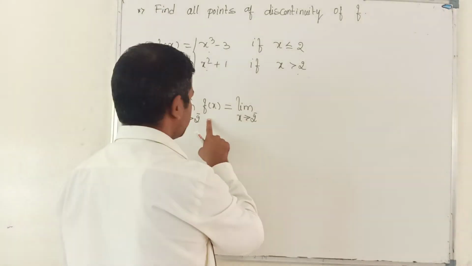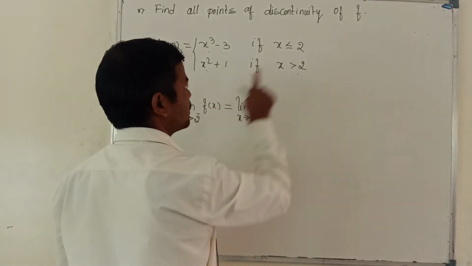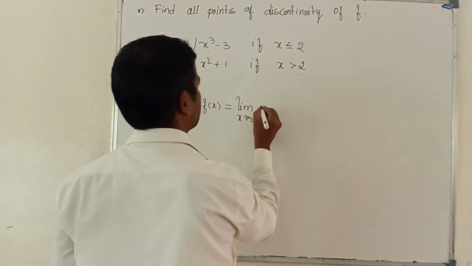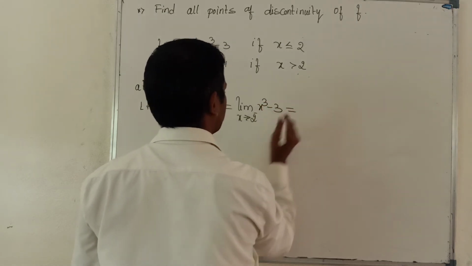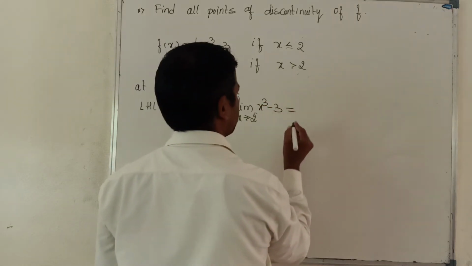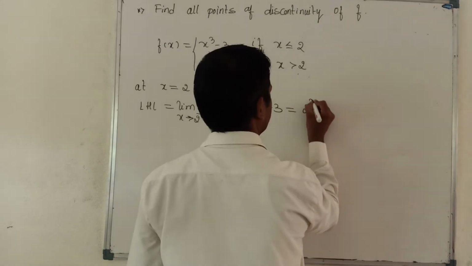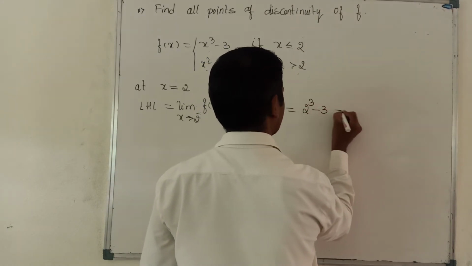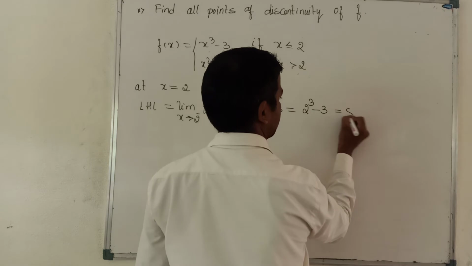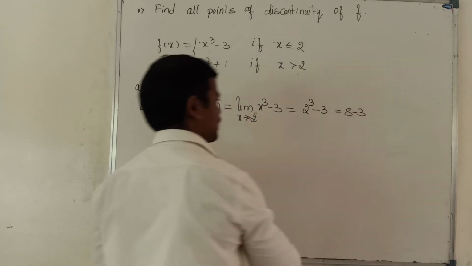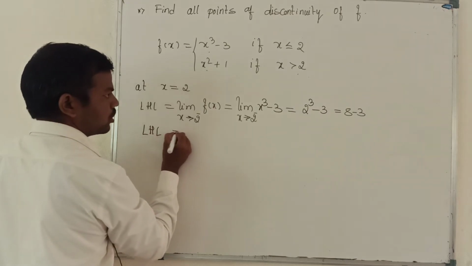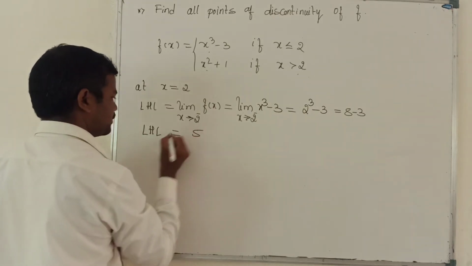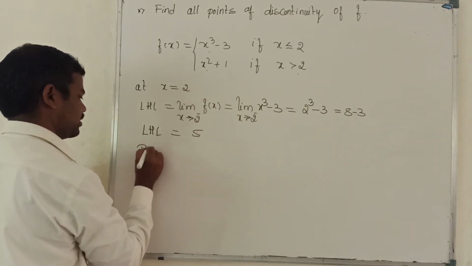Left hand limit means less than 2, so we have x cube minus 3. Put 2 where there is x: 2 cube minus 3. 2 cube means 8, and 8 minus 3 is 5. So LHL is 5.